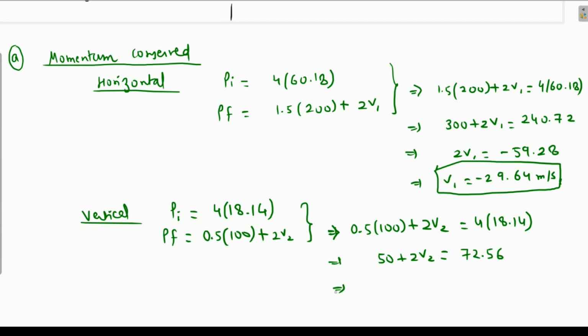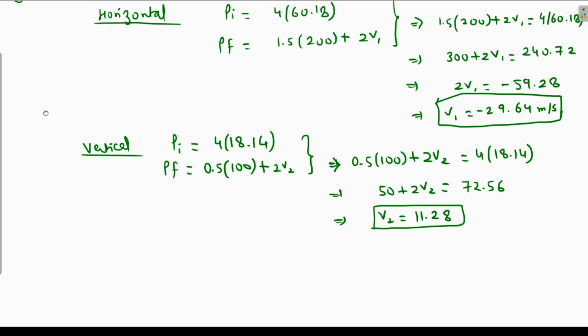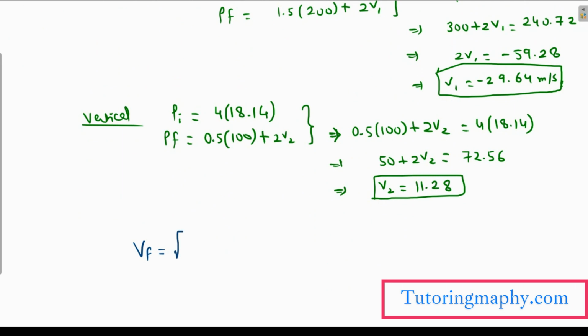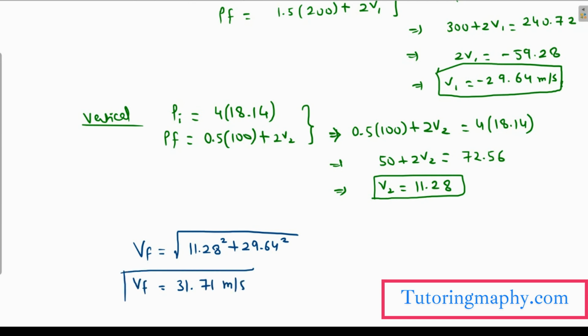If we subtract 50 from both sides and divide by 2, v2 comes out as 11.28. Since these are components at 90 degrees, the final velocity is the square root of 11.28 squared plus 29.64 squared, which comes out as 31.71 meters per second. That is the final velocity.